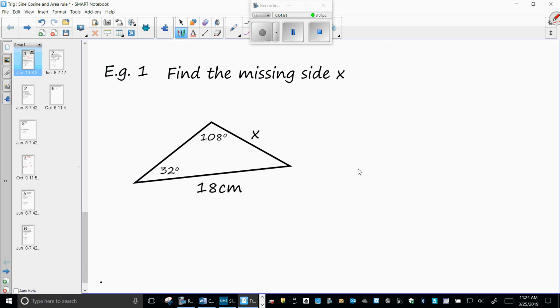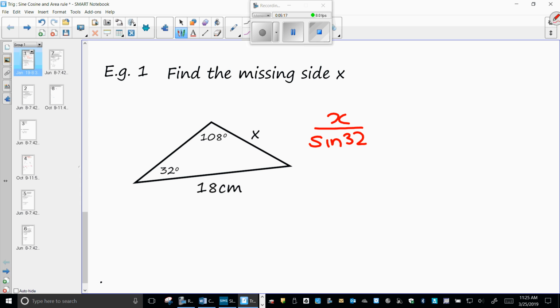Here we go. Find the missing side length x. We know that any length divided by the sine of the angle opposite it is equal to any other length divided by the sine of the angle opposite that. If I'm trying to find x, you're going to say that x divided by what? Sine 32.